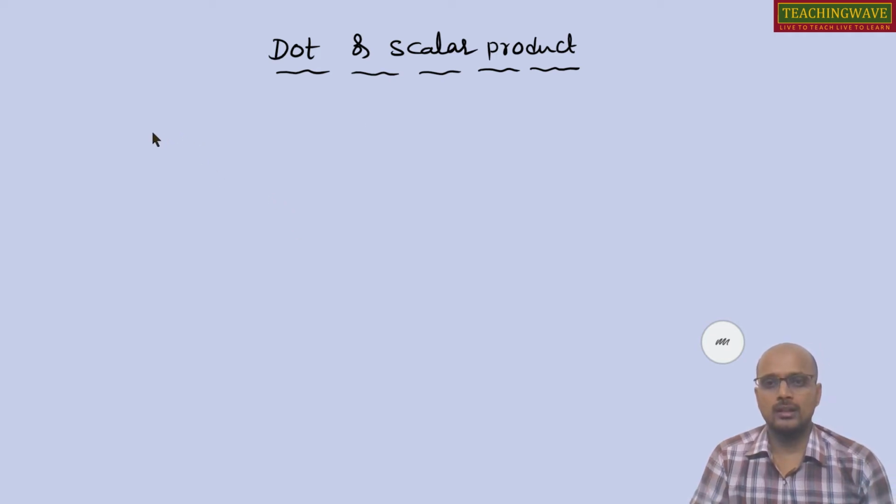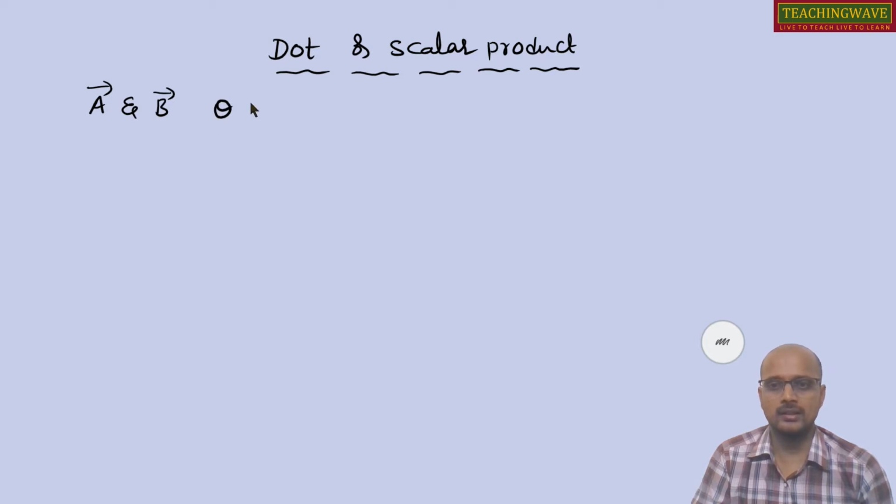Now come to the basic definition of the dot or scalar product between two vectors. Let us consider any two vectors. The first vector is a bar and the second vector is b bar. The angle between them, that is the direction difference between these two vectors, is taken as theta. The dot product between these two vectors is called a bar dot b bar, and it is written as a b cos theta.